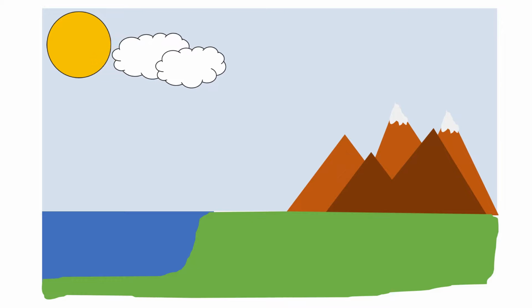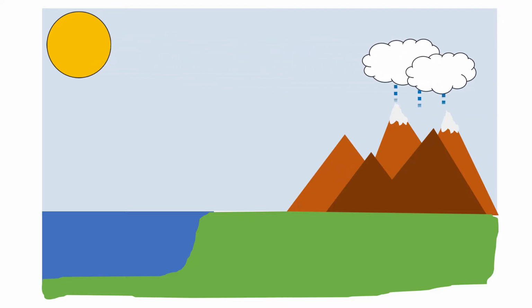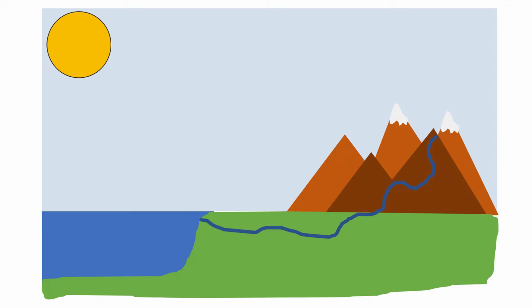These clouds are blown across to the mountains where they rain on the mountains, either as hail or rain or snow. We call this precipitation. Then that water travels down from the mountains in rivers. It meanders, it snakes, it zigzags its way back to the sea, where the whole cycle can start again.